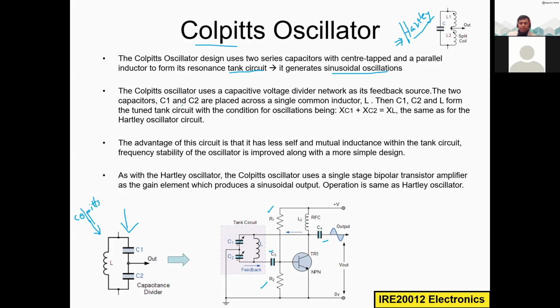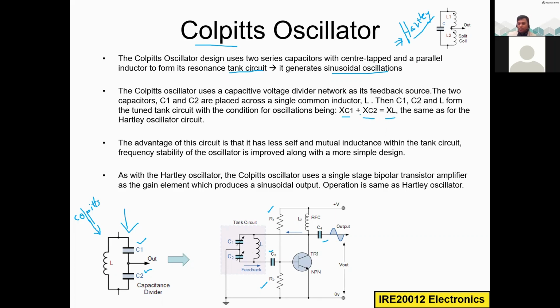The two capacitors C1 and C2 in the tank circuit are placed across a single common inductor L. Then C1, C2 and L form the tuned tank circuit, with the condition for oscillations being XC1 plus XC2 is equal to XL.